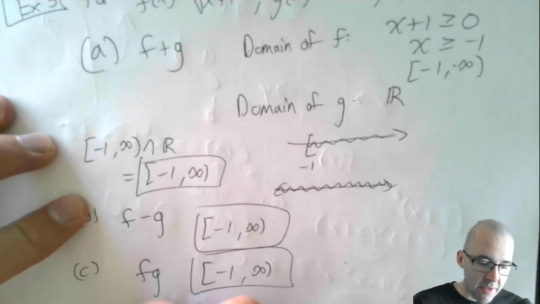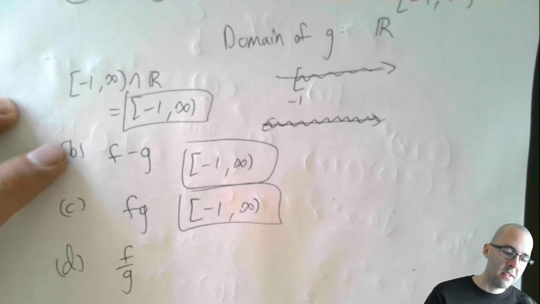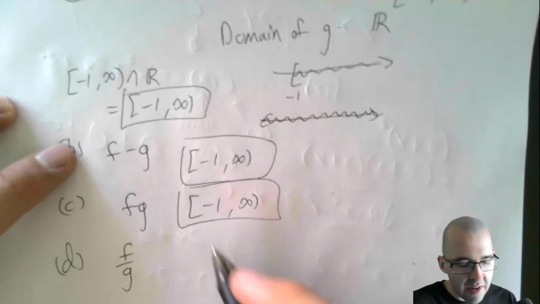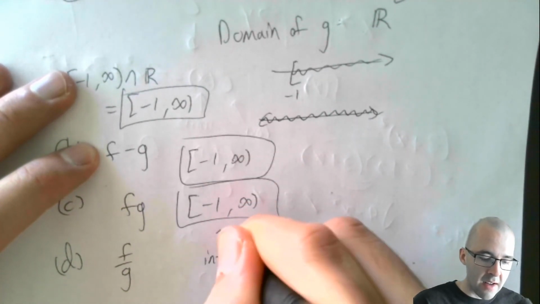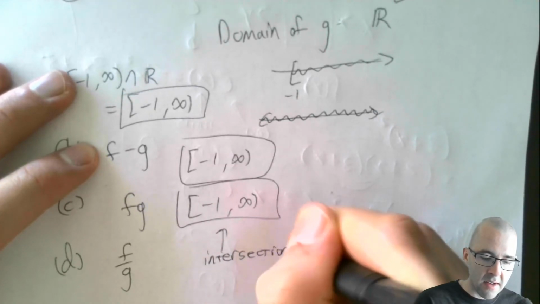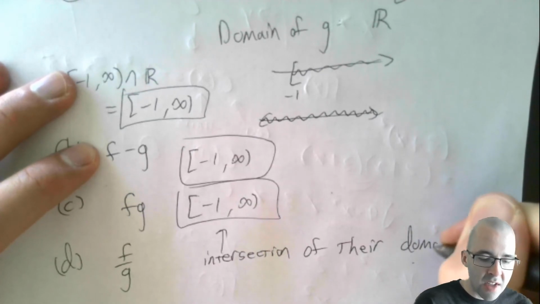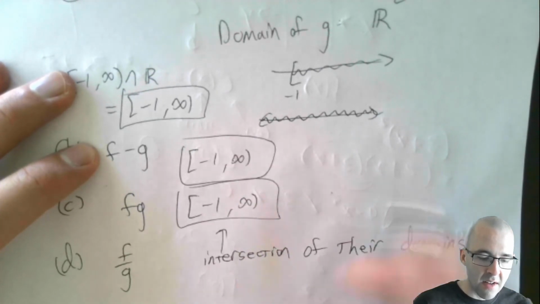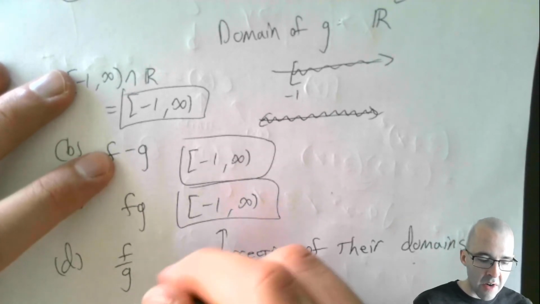Now part D is a little different. What is the domain of f divided by g? So we already found the intersection of their domains, right? We just have to intersect this result with when g is not equal to 0.